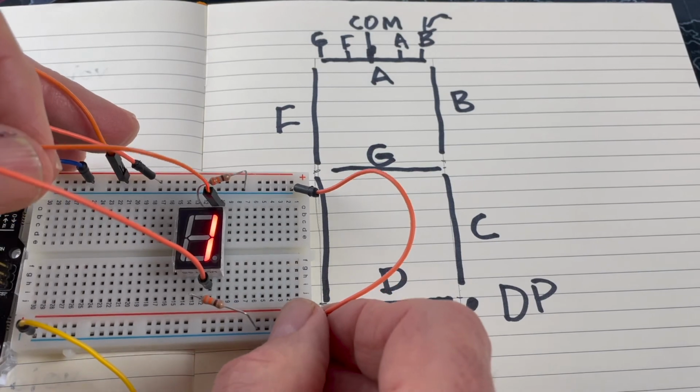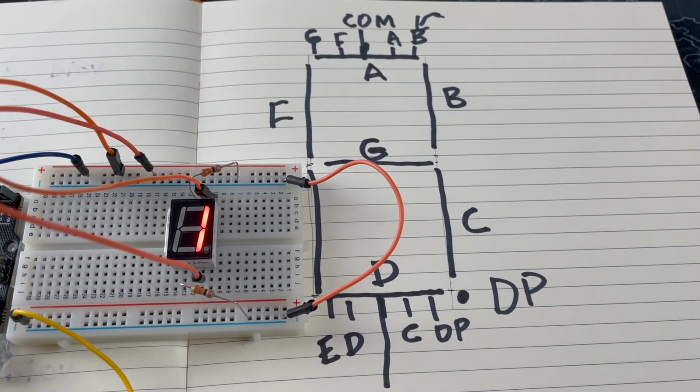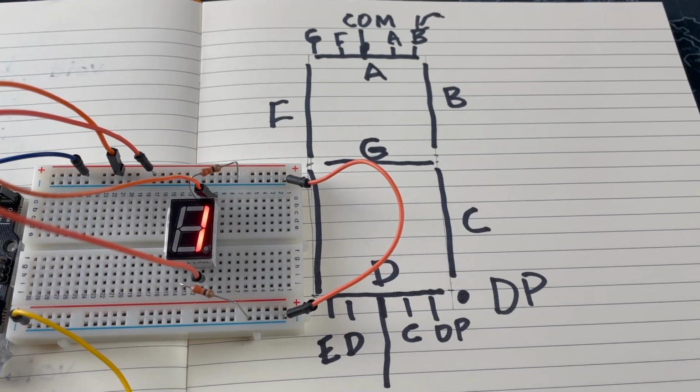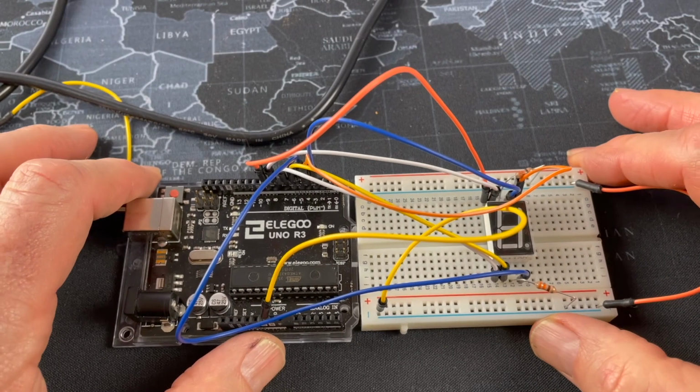So with this information, I think you have enough to make a countdown timer that would go from 9 to 0. And let me demo that. Okay, and here's the challenge.